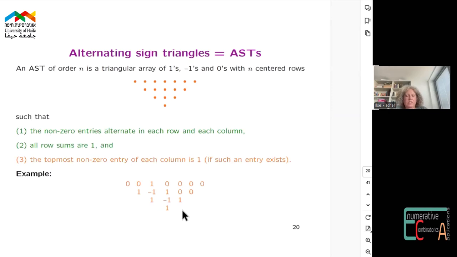So for instance, it can happen, as you can see in the example, that columns have no non-zero entry, like, for instance, this column. But if there is a non-zero entry, then the topmost non-zero entry has to be a 1, which is fulfilled in this example. Okay, so that's a definition.